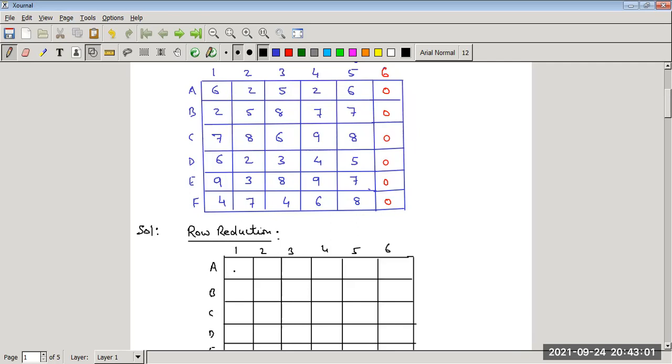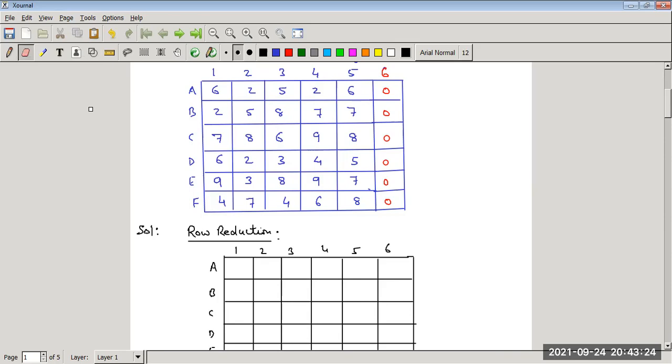So there is no need to go for row reduction, because in each row we have a 0. So every row remains the same. Because when we subtract 0 from every element, the row remains the same. First row remains the same, second remains the same, third remains the same.